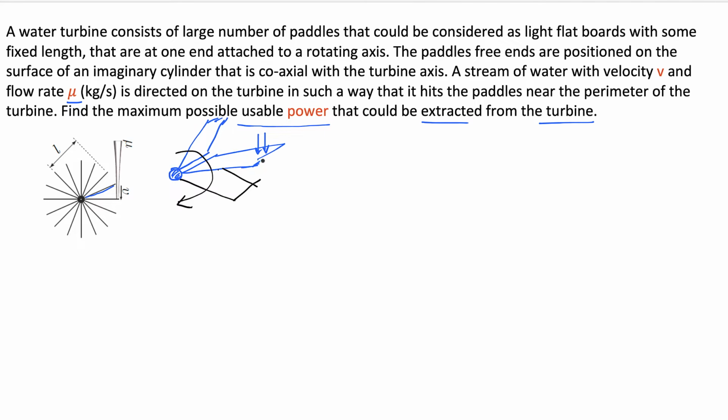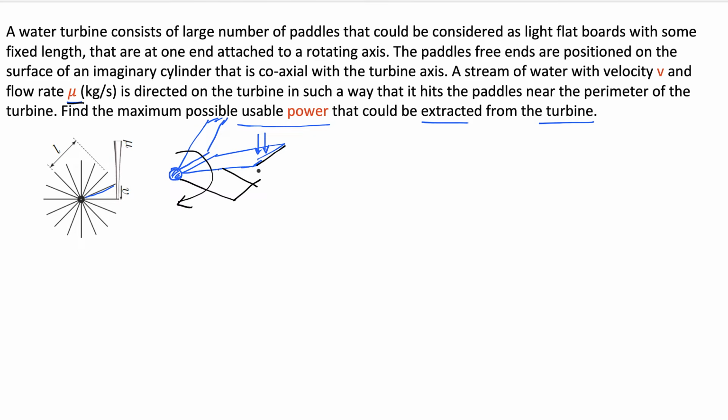Now, when the turbine starts rotating and the blade starts moving with some velocity, then since the water is coming with, let's say, mu kg per second, when it is stationary, it will receive some amount of water, and when it is moving, it will receive some different amount of water. Especially when you try to compute the force, because of the relative velocity between the flow of water and the speed of the blade. Okay.